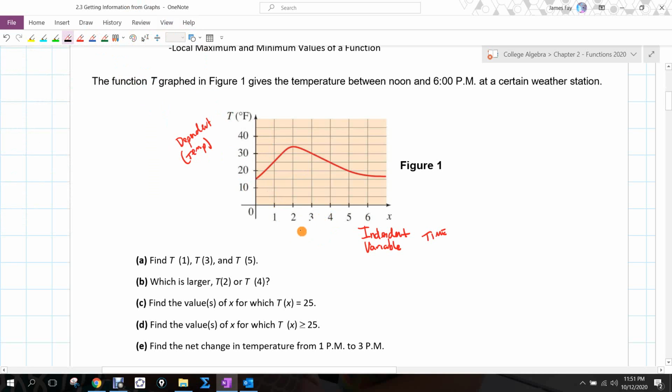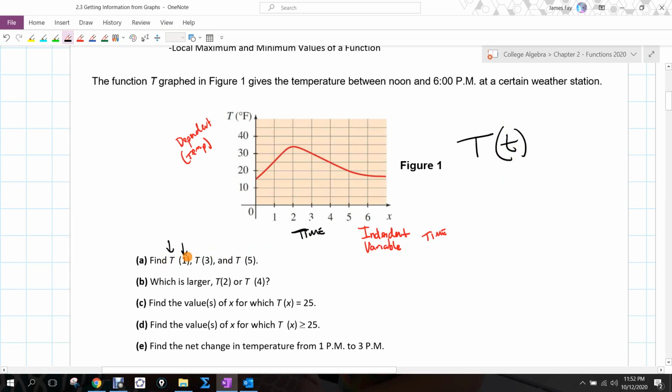Down here on the bottom, we've got our time axis, and over here we've got our temperature axis. So when they ask me T of 1, they're telling me at time 1, what is the temperature? Capital T represents temperature. It's kind of confusing when we're talking about time and temperature. A lot of times it's capital T for temperature, lowercase t for time.